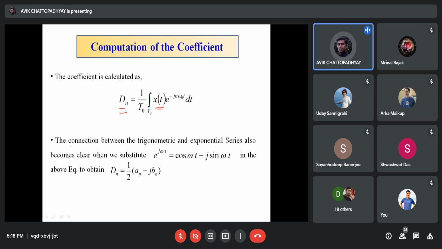আচ্ছা, আরেকটা জিনিস হচ্ছে the connection between the trigonometric and the exponential series.